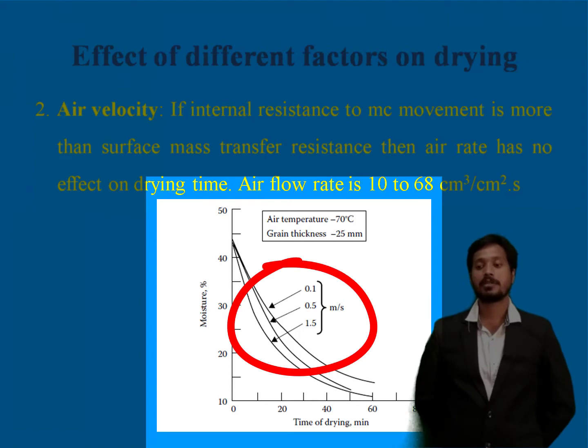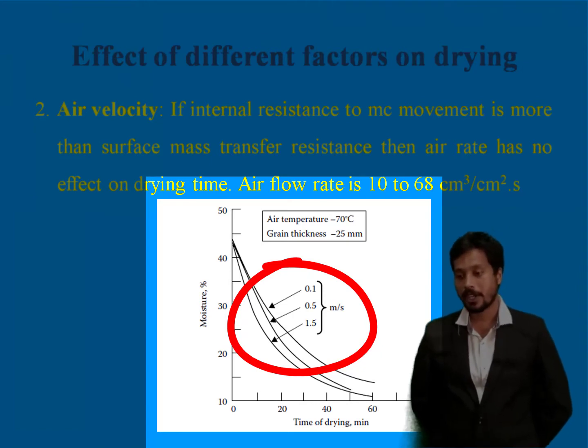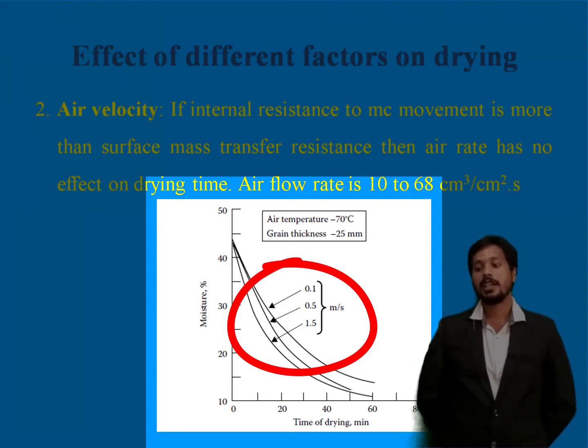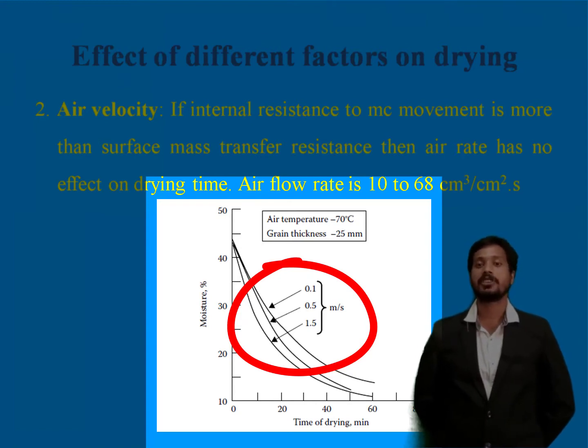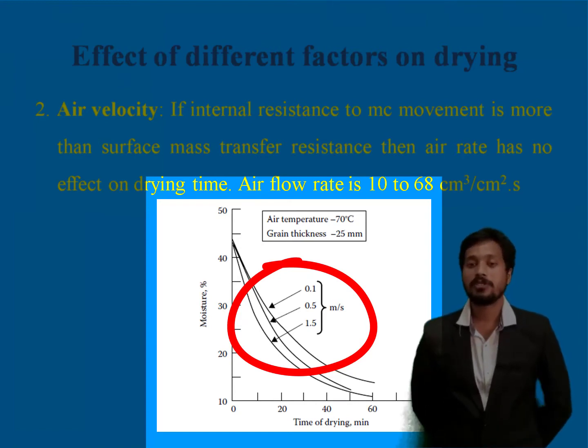There are different air velocities we have plotted: 0.3 meter per second, 0.5 meter per second, and 1.5 meter per second. You see at 1.5 meter per second, the moisture content is reduced to a very low level.